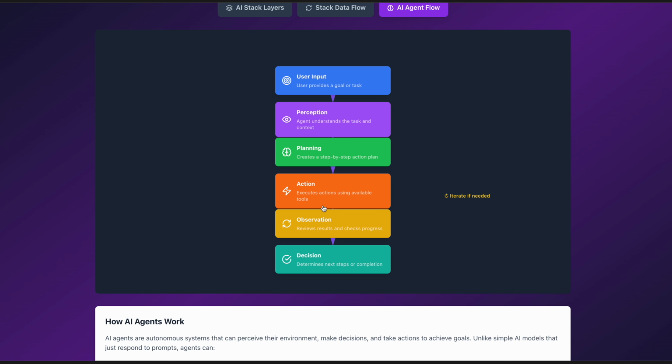Finally, observation, where it reviews whether its output is right, or uses the tools you provided to check and make this decision. And finally, you get the result. So it's a simple agent flow.